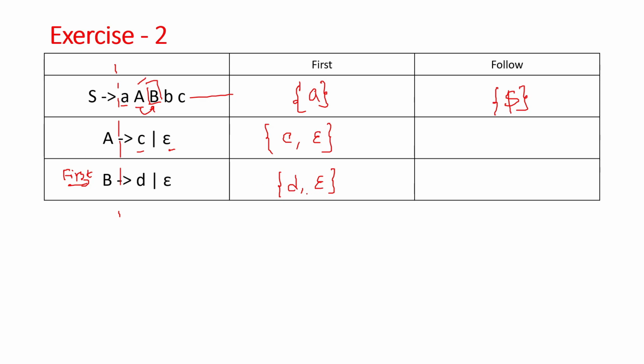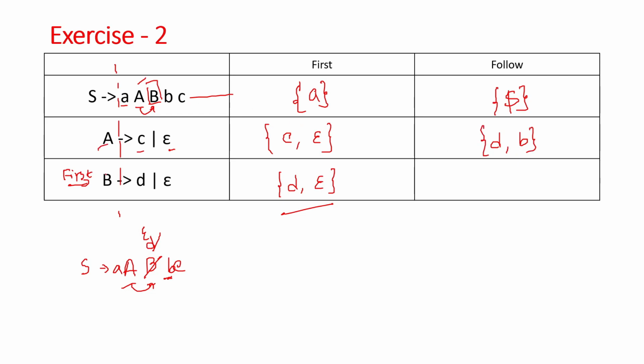Now we're going to replace these values with B. So let's write here again S equal to A, B, B, C. If I replace B with D, then A has a follow that is D. So let me write here D. Now if I write epsilon, which means empty, the next position comes up, and A has a follow B right now. So D and B are the follows for A.